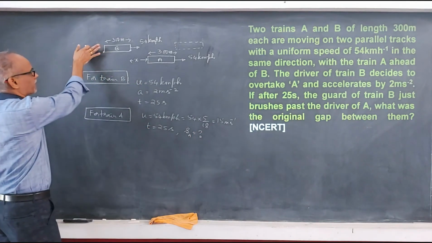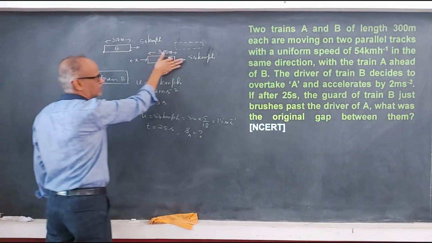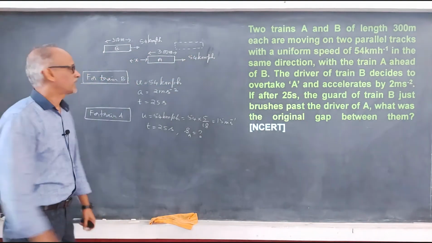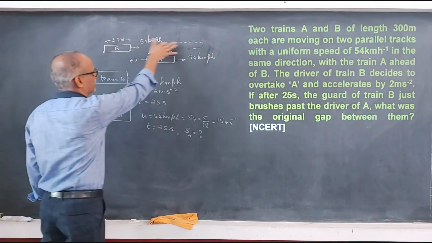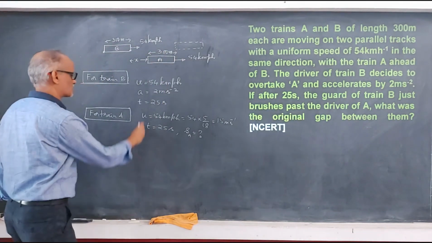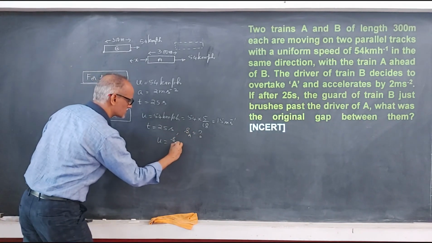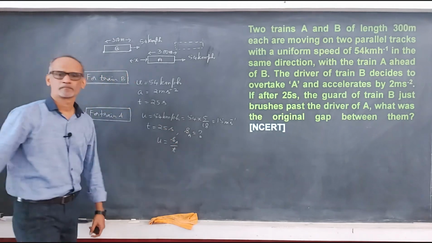Because when B is overtaking A, A will not remain at rest, it will also move, right? That distance also B has to cover, if at all it has to overtake. So what is the distance traveled by A? Speed is equal to distance by time.